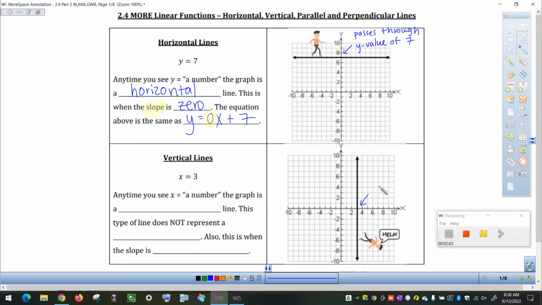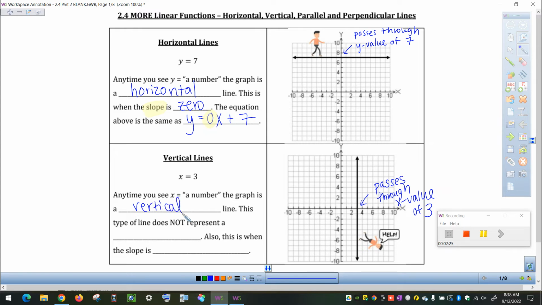So what we see here happening on this graph is that the line passes through the x value of 3. So anytime we see that x is equal to a number, the graph is going to be a vertical line.